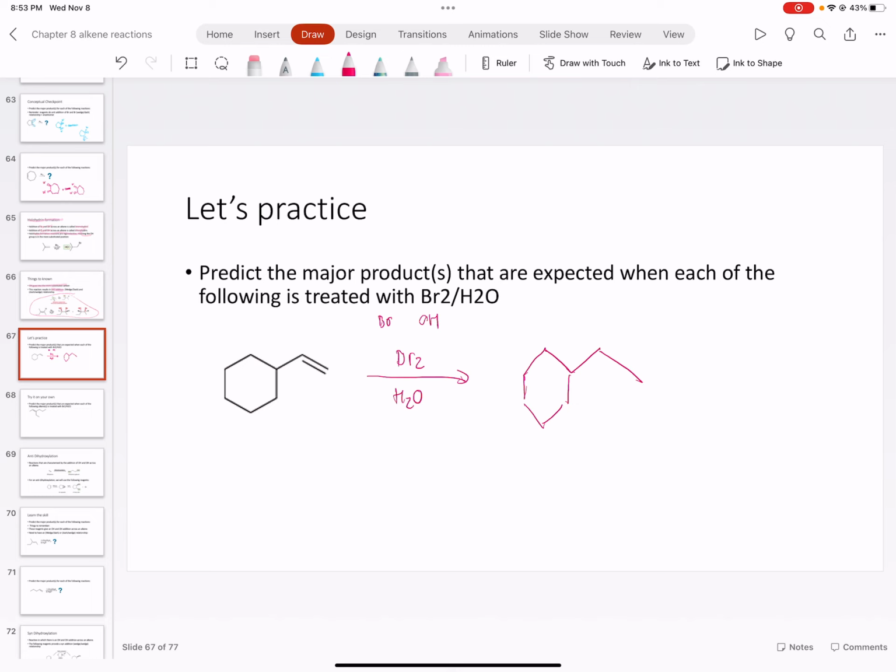We're adding our OH on the more substituted carbon, therefore it will go this way. And then I would add my bromine on the least substituted, which will go this way. This one has 2 hydrogens, therefore I don't really need to worry about the stereochemistry for this one, but on this one I will get a chiral center indeed. So I will have to worry about that one.